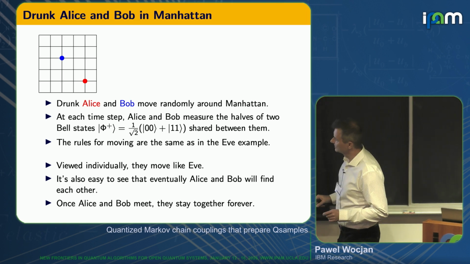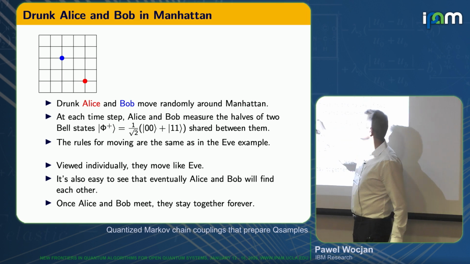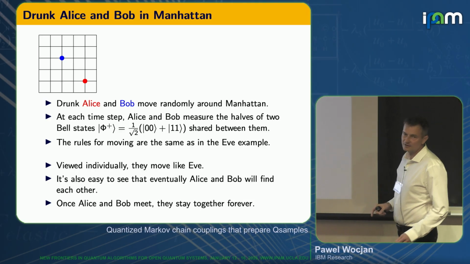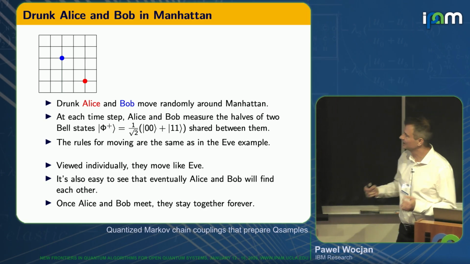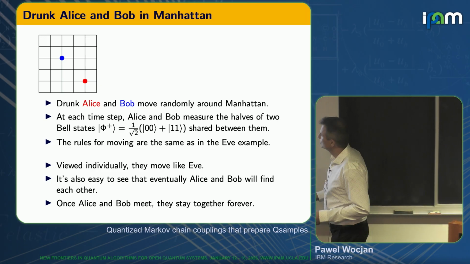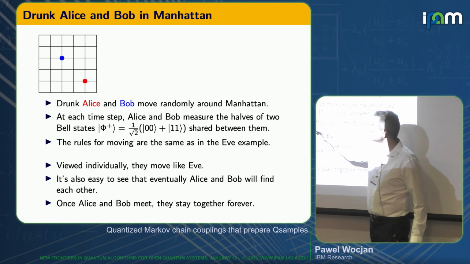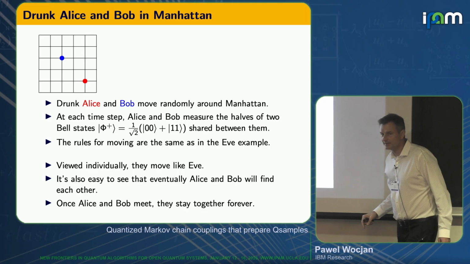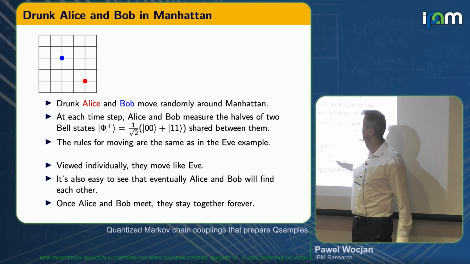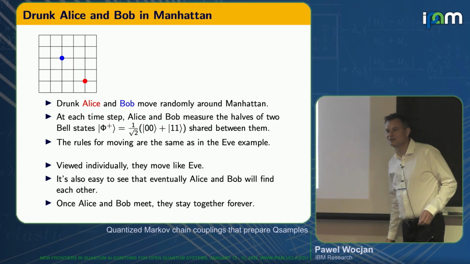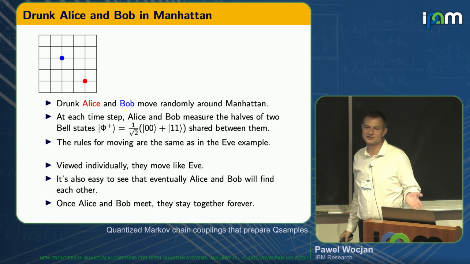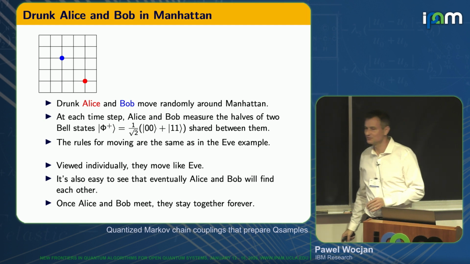And so now the difference is that Alice and Bob, their decisions are correlated in a very strong way. So they have these Bell states, and they measure the two halves of the Bell states, and then obviously if everything's fault tolerant, then whatever Alice measures, Bob is also going to get the same measurement.